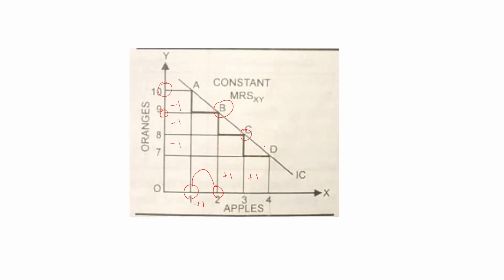So he is getting different combinations, and this kind of marginal rate of substitution is known as constant marginal rate of substitution, in which the units of the Y commodity are sacrificed in the same proportion as the increment in the units of the first commodity.